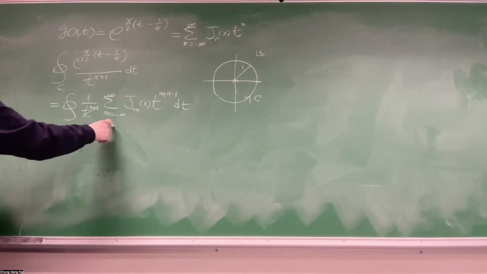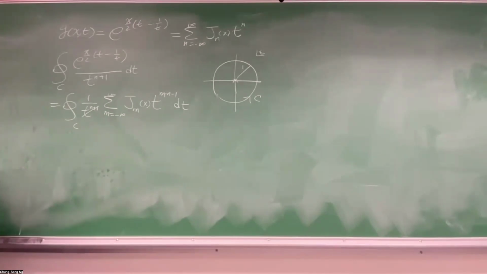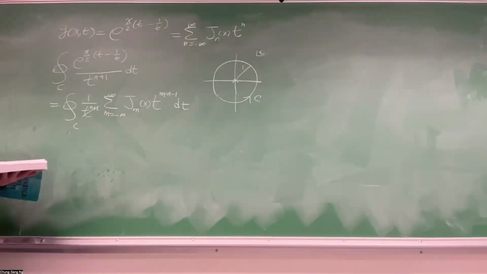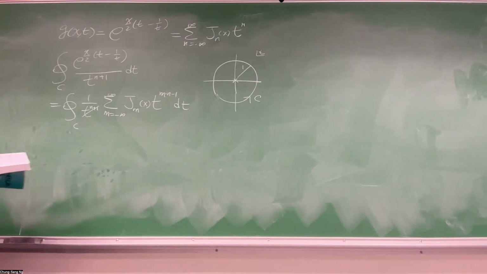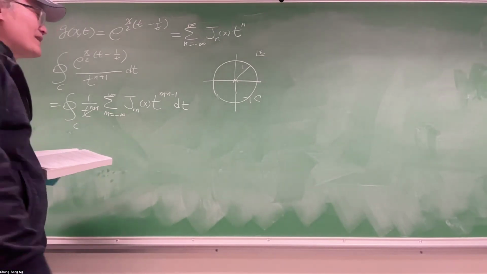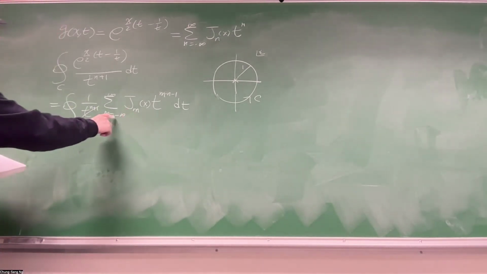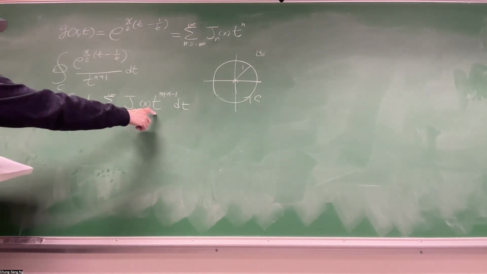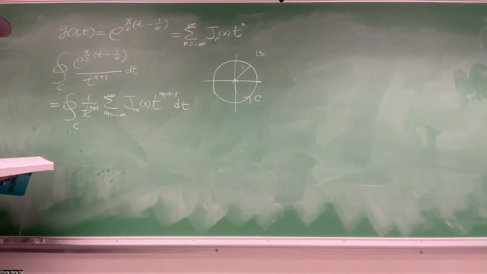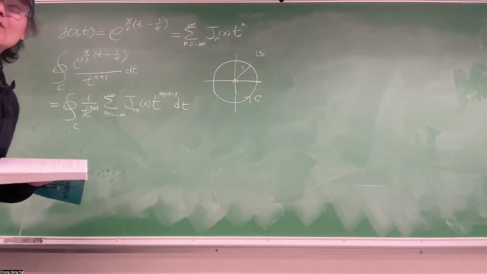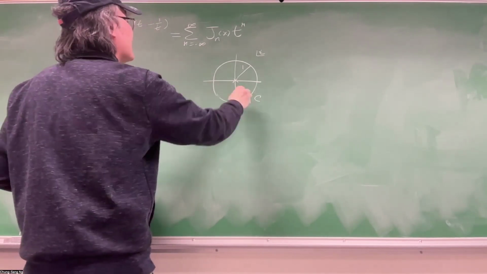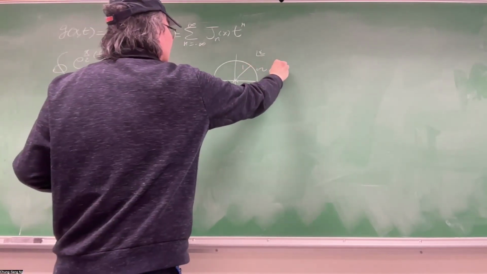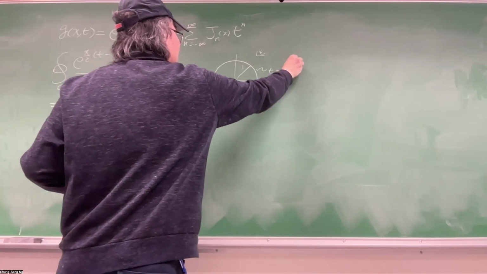And then what is this? Do you still remember the complex analysis? Most of the m will give 0. Which m will give you non-zero? You can say that T along this line, the unit circle, is e to the I theta, right?